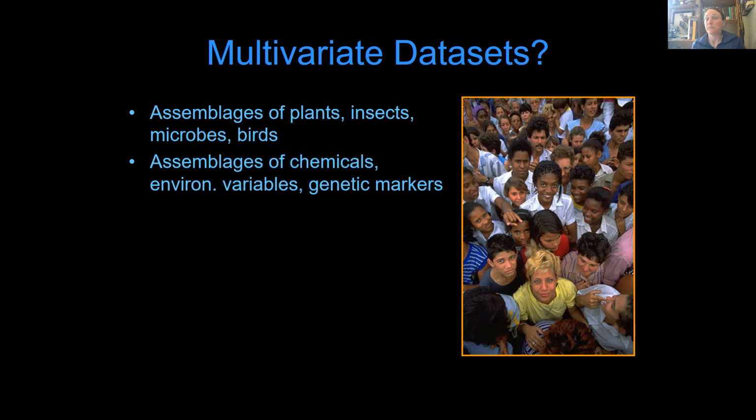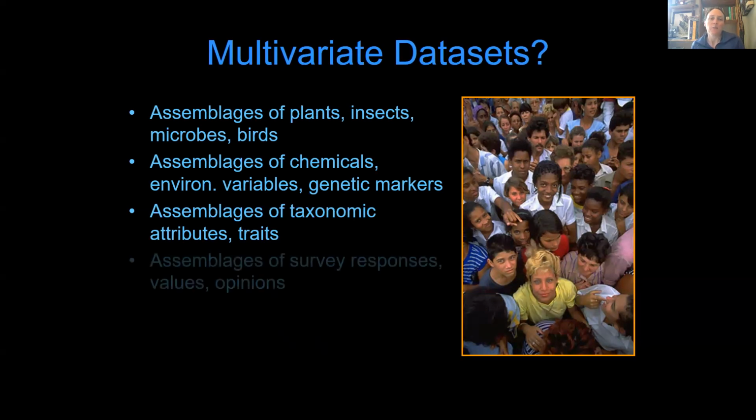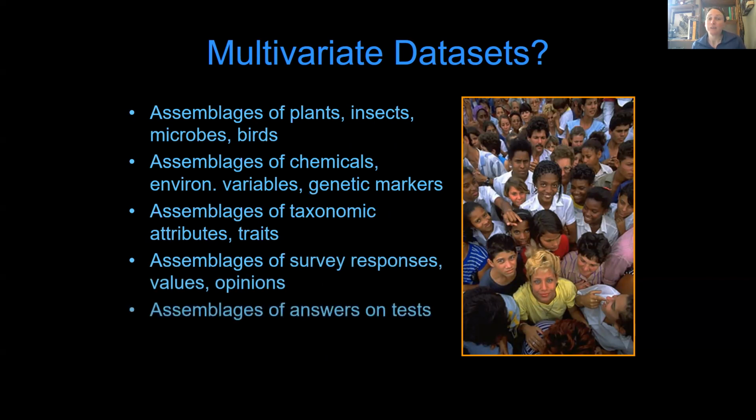We could think of assemblages of variables, genetic markers, assemblages of taxonomic attributes or traits that make up good species. We could think about assemblages of survey responses or values or opinions. And you could think about assemblages of answers on tests. So you can actually ordinate classroom data as well. So really any data set where you have many, many Y variables. And that's where we're headed.